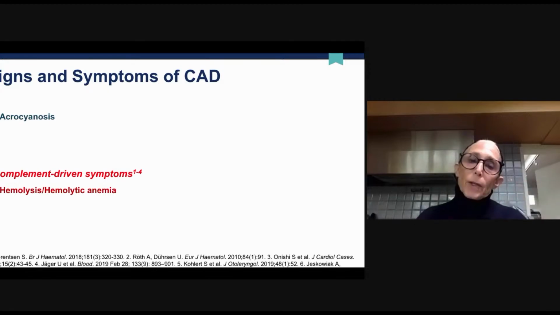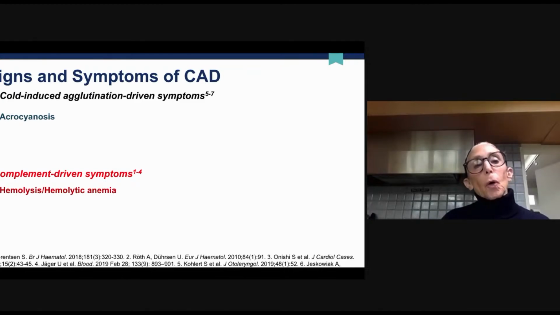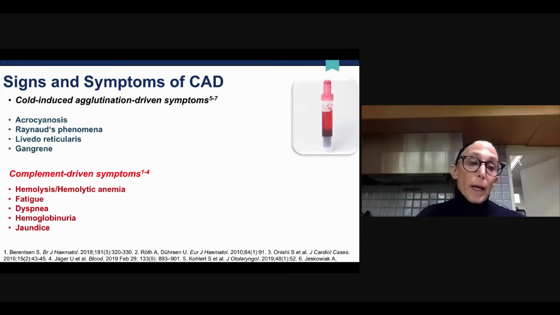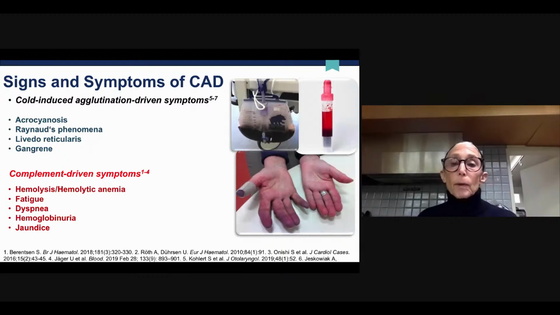But then the patients get this acrocyanosis, okay? And those are really the cold-induced agglutination symptoms. Raynaud's phenomena, very common in cold agglutinin disease. And livedo reticularis, which is similar. And then they can develop gangrene.